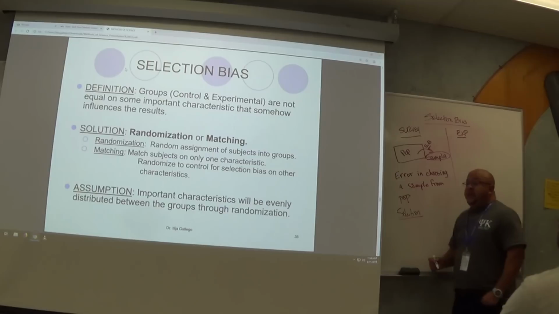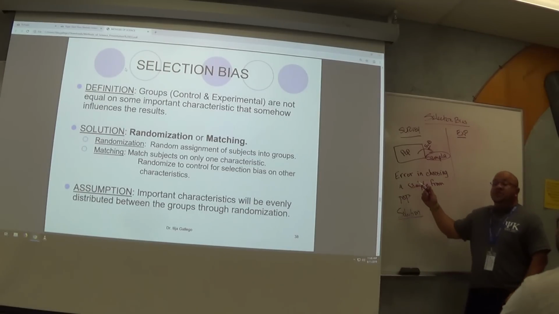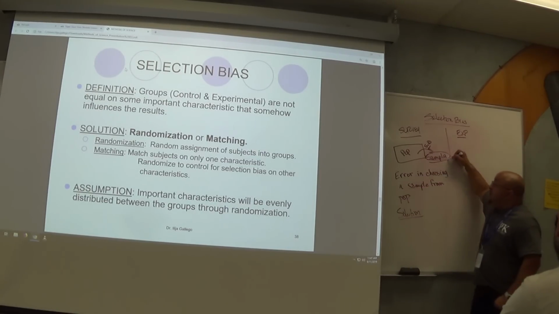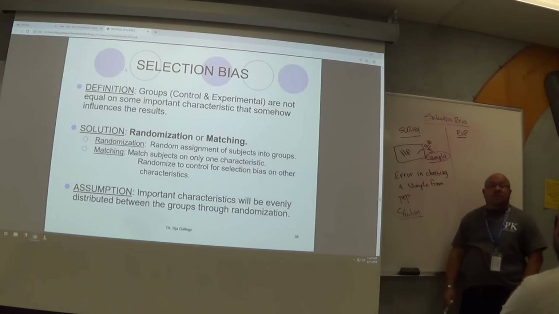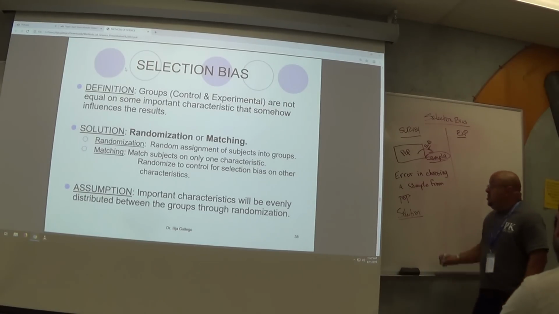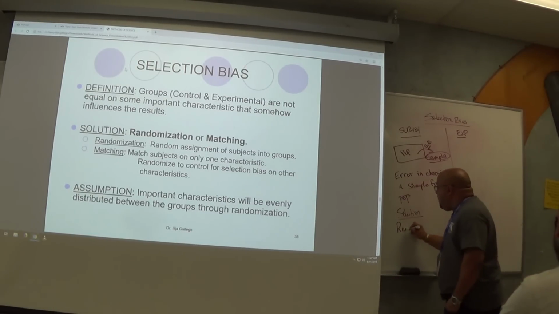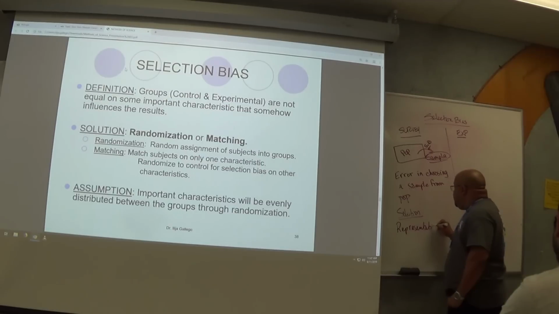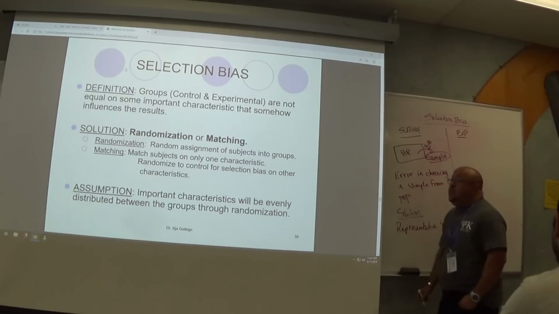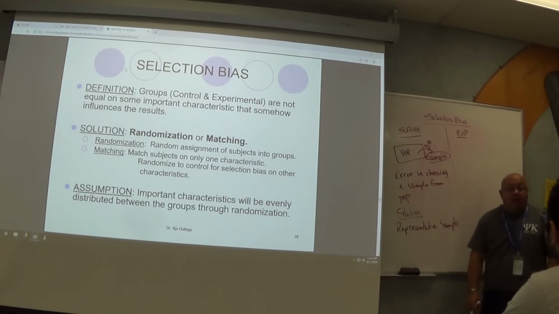The problem will be that the results of my survey will not represent the population, because this sample is not going to be representative. So the solution is to try to get a representative sample so that there is no selection bias. A representative sample is one that represents the population well.